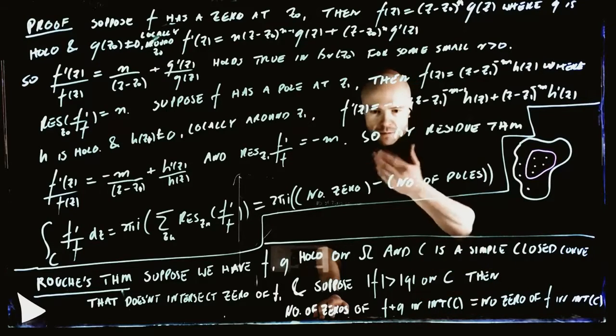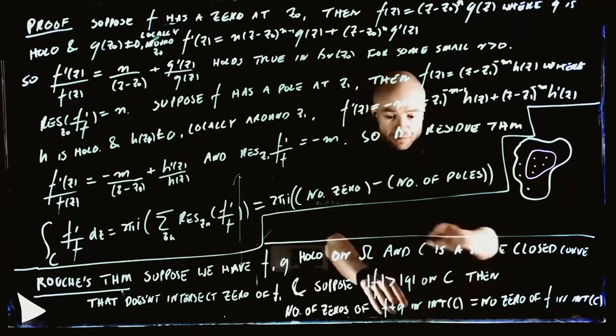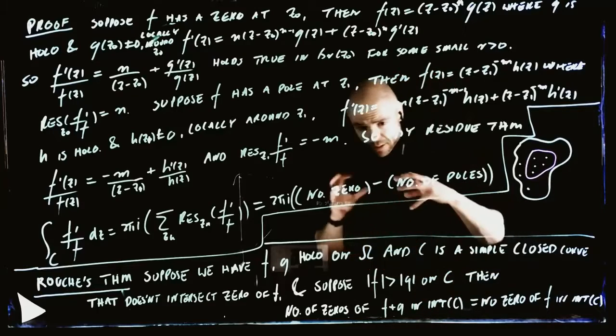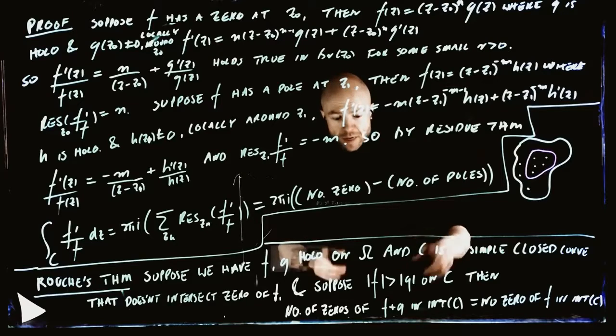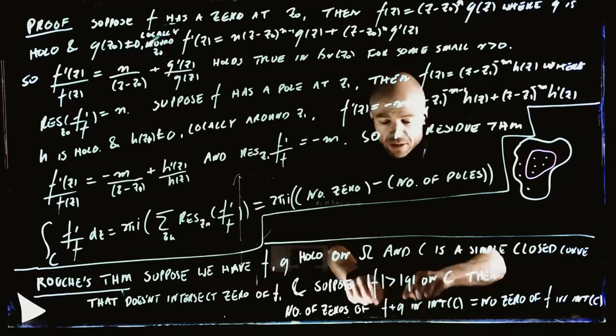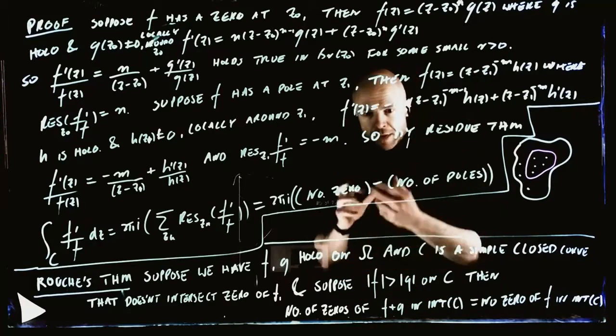Because that's the argument principle again. The number of times the image of C under f winds around 0 is the number of zeros inside the interior. And the number of times the image of C under f plus g winds around 0 is the number of zeros of f plus g.